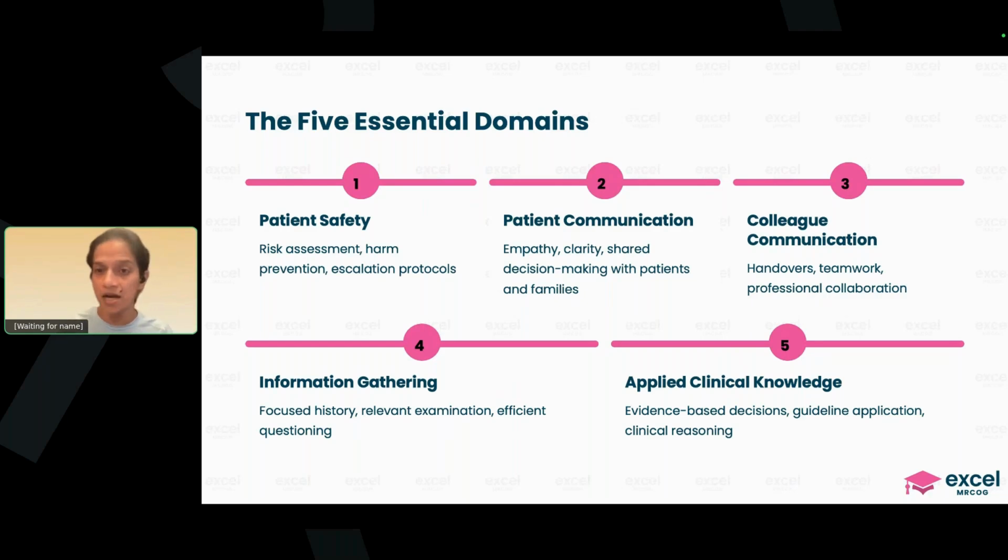Like when there is an RH negative pregnancy, whether you're giving her anti-D or not giving her anti-D, these things are considered in safety. Of course, the description of complications, how the procedure would be done, for example in a procedure like hysteroscopy, how a hysteroscopic procedure would be done, what the complications are, what problems she could face in her specific situation, that would be applied clinical knowledge.